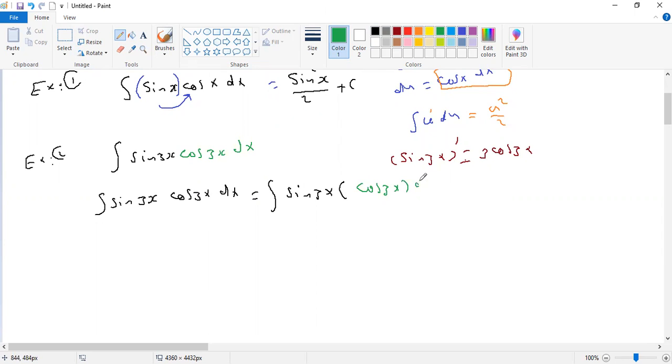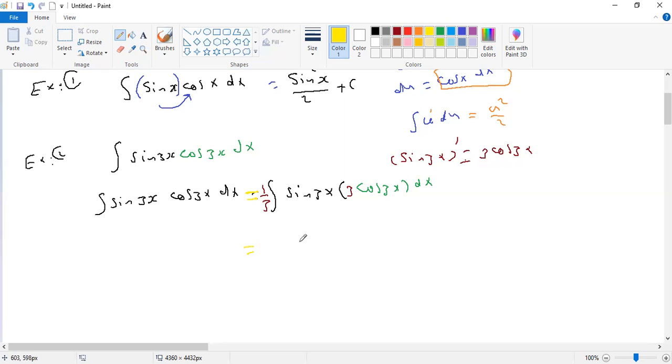But what we need is the derivative of sine 3x, which we said is 3 cosine 3x, so we need the 3. So we have to multiply by 3. But if you multiply by 3, it will not be equal. To keep it equal, you have to divide by 3. Why? Because 3 over 3 is 1, so it does not affect the answer. They are still equal. Now this is the integral of u du, with u equal to sine 3x and du equal to 3 cosine 3x dx.